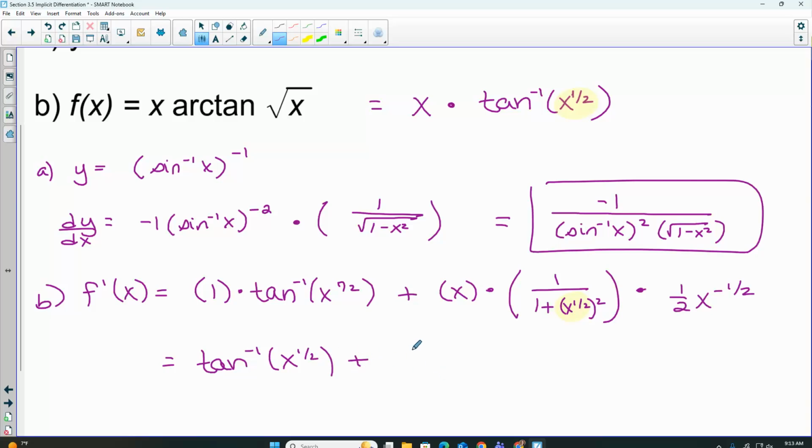Plus, okay, I can take my x times my x to the -1/2, and so that would be x to the positive 1/2. And then on the bottom I have 2 times 1 plus x to the 1/2 squared, which is the x. Not pretty, but we got there.